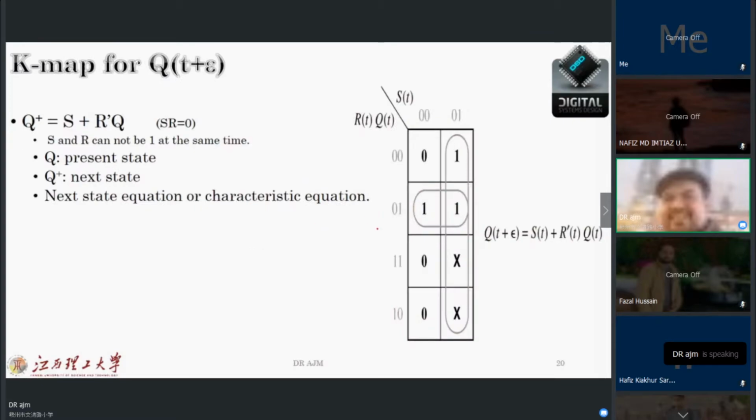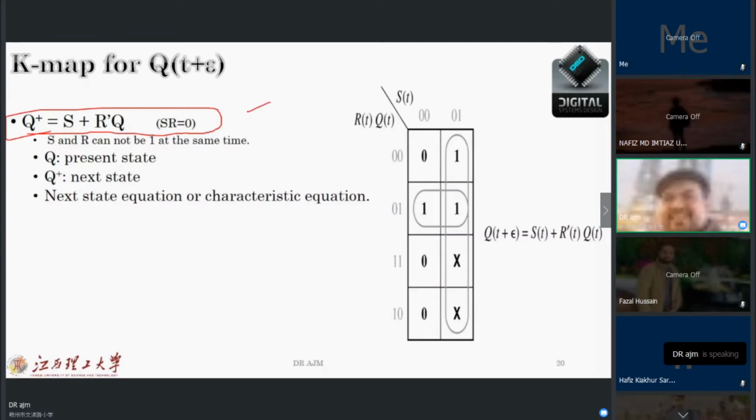Based on the truth table that we had for Q prime or Q plus, if you put it in the K map, you can have this relation that we call the transition equation or characteristic equation of the SR latch, which is important.